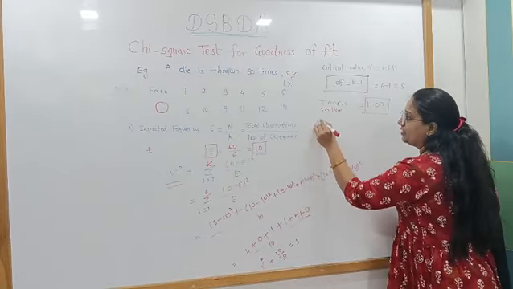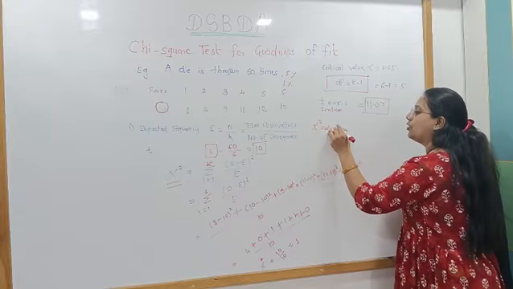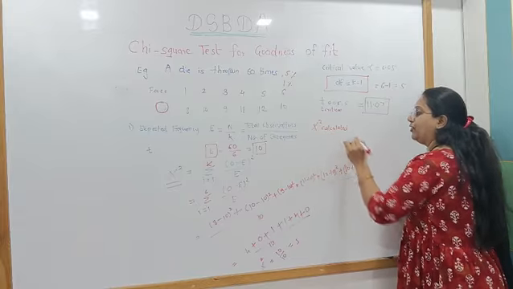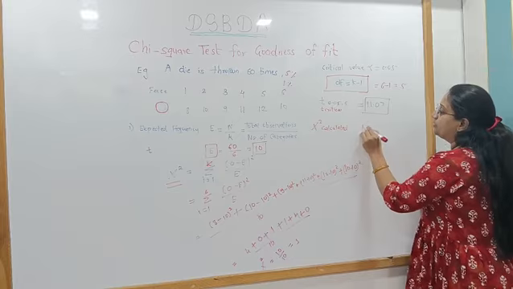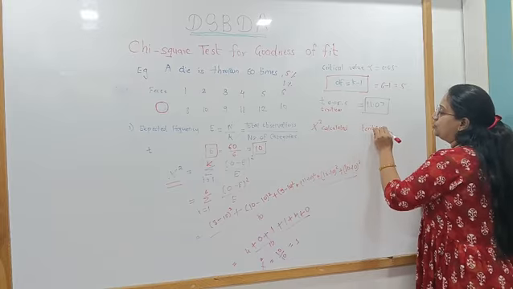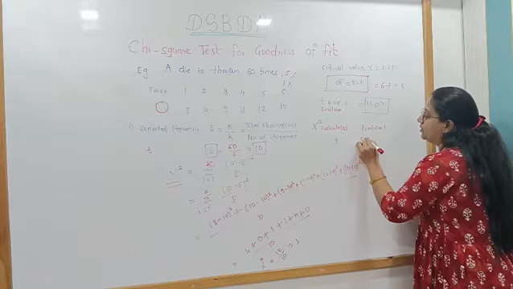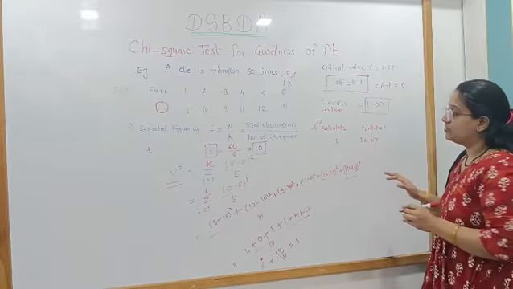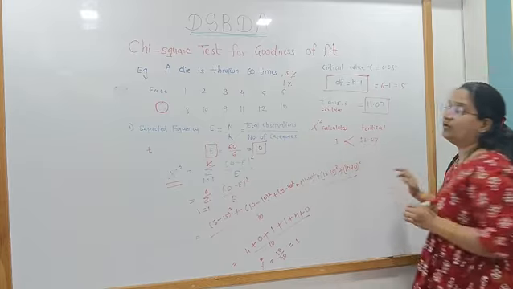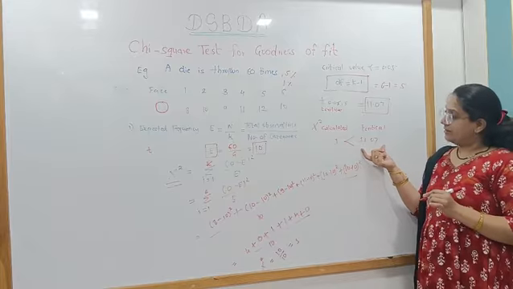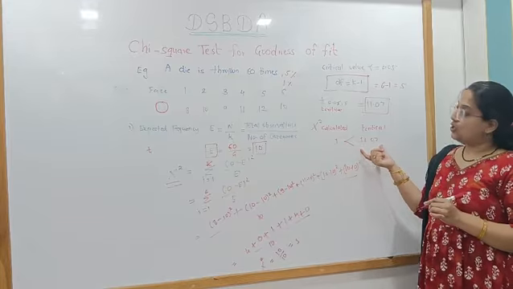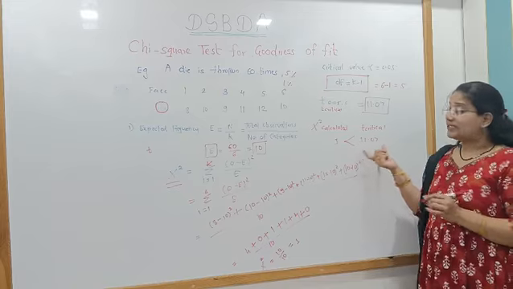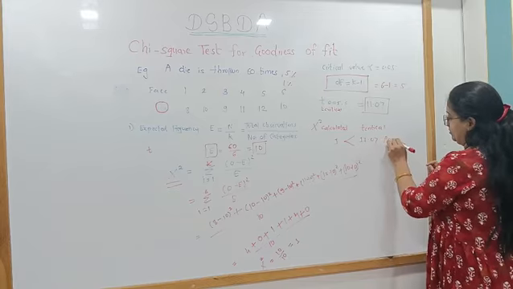You can write chi square calculated and compare it with this chi square critical. This value is 1 and this value is 11.07. That means this calculated value is less than 11.07. So here I will accept the null hypothesis.